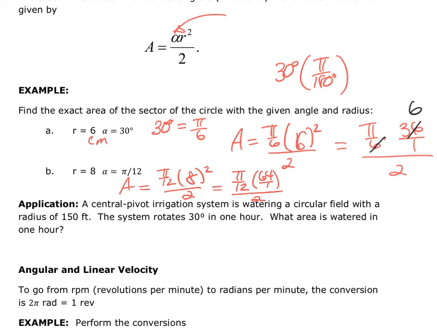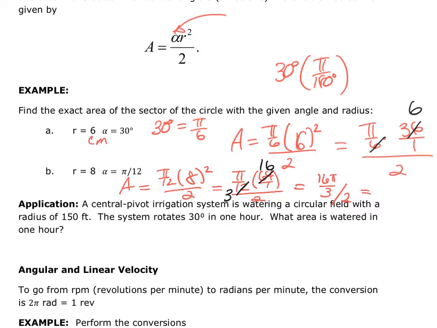So I'm going to cancel down my 12 and my 64. What is the largest number that goes into both 12 and 64? 4. 4 goes into 12 3 times. 4 goes into 64 16 times. So where I am now is 16 pi over 3 divided by 2.